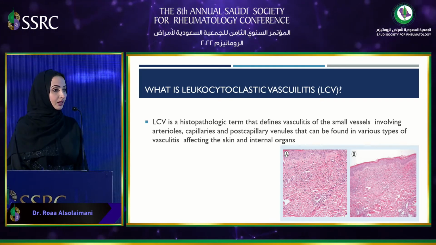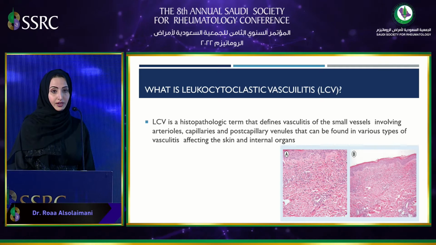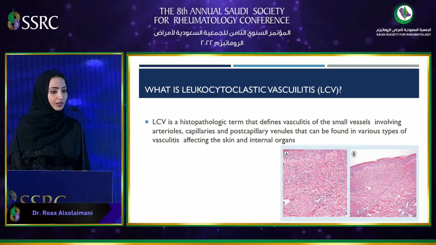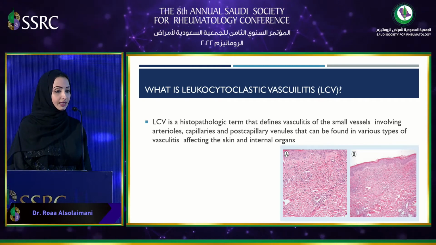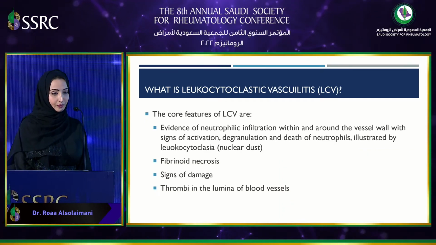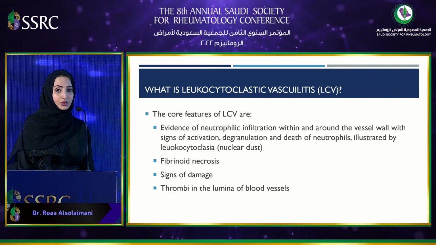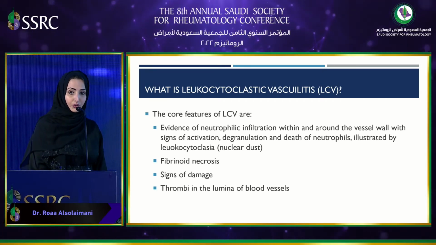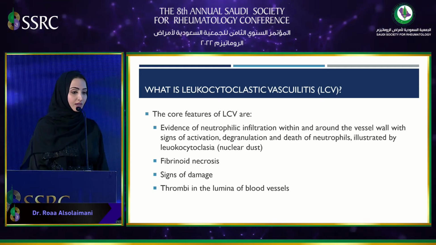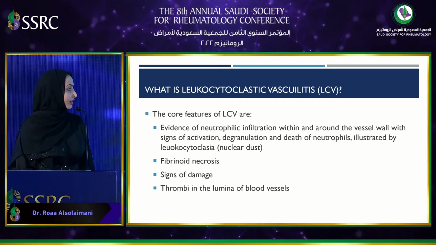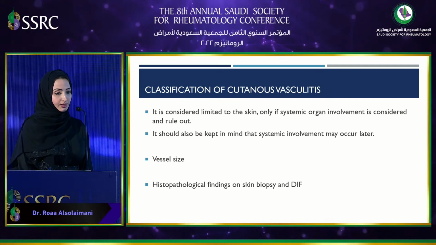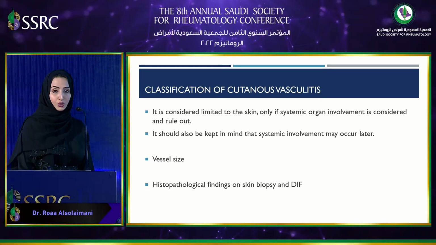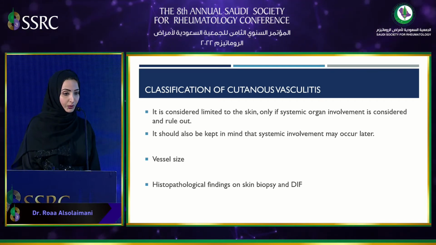It's the histopathologic term that defines vasculitis of the small vessels involving arterioles, capillaries, and postcapillary venules that can be found in the skin and internal organs. To diagnose leukocytoclastic vasculitis on skin biopsy, you have to have evidence of neutrophilic infiltration, fibrinoid necrosis, signs of damage, and thrombi in the lumen of the blood vessels. You have to have at least the first two, the neutrophilic infiltration and the fibrinoid necrosis.